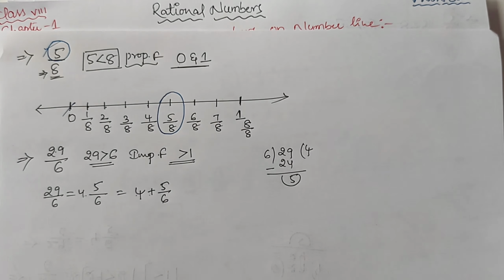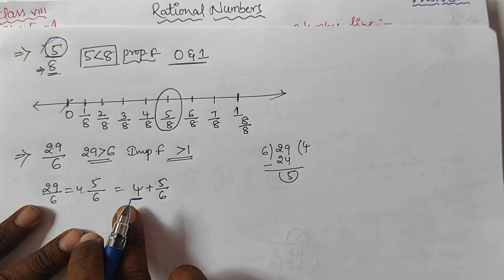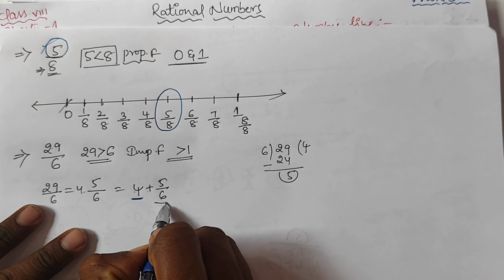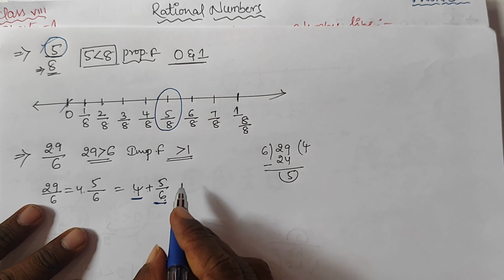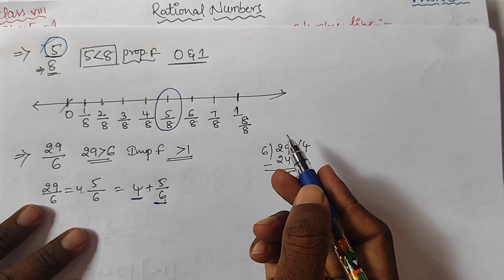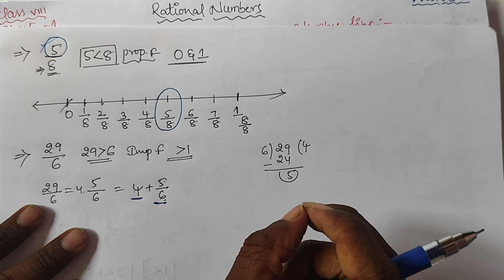Yes, are you getting? Now here 4 is a number we can represent on the number line. Again, how much do we represent? 5 by 6, isn't it? So 5 by 6 is a proper fraction. Yes or no? That means 5 by 6 lies between 0 and 1.